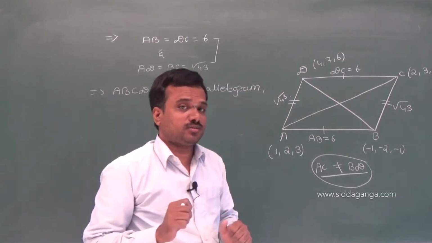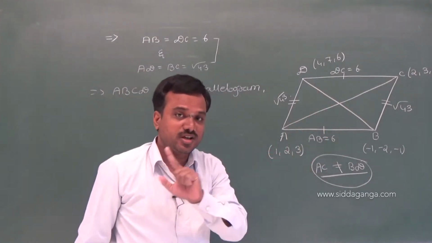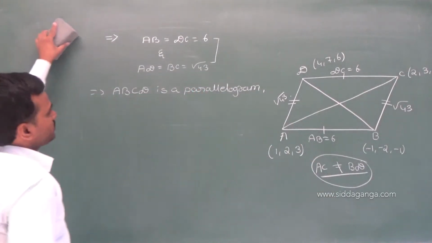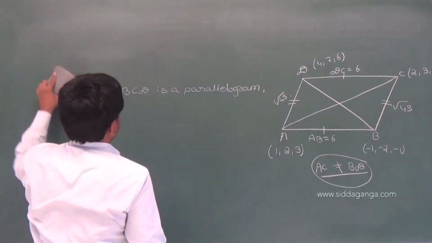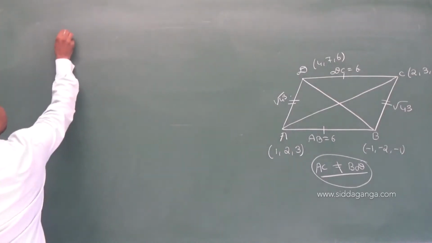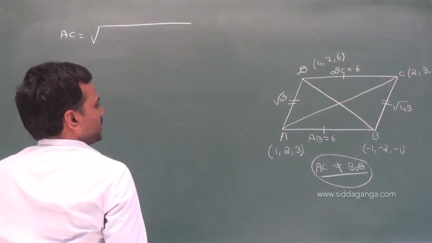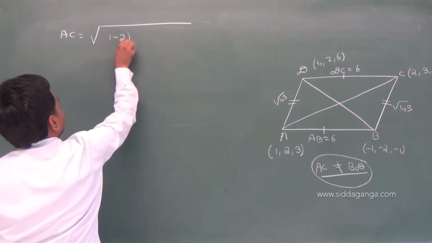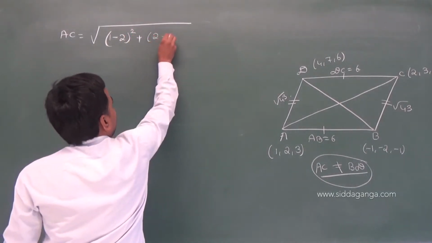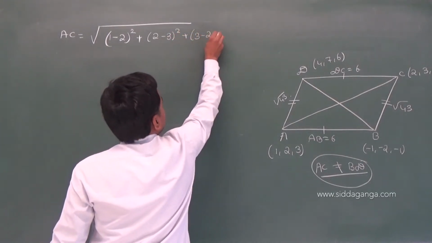One more question he asked: to show that this ABCD is not a rectangle. For that, what we do? We find the diagonals. First diagonal, AC. Square root of 1 minus 2 whole square plus 2 minus 3 whole square plus 3 minus 2 whole square.